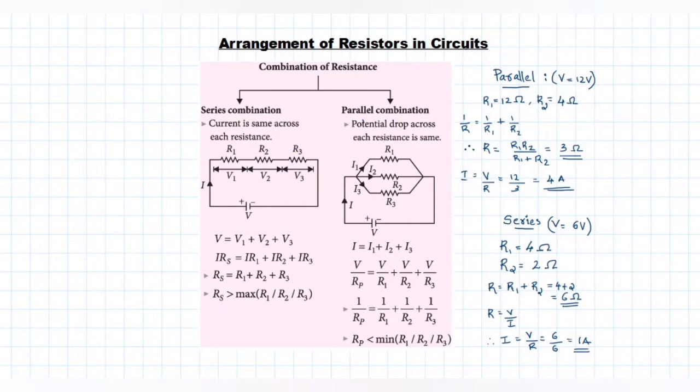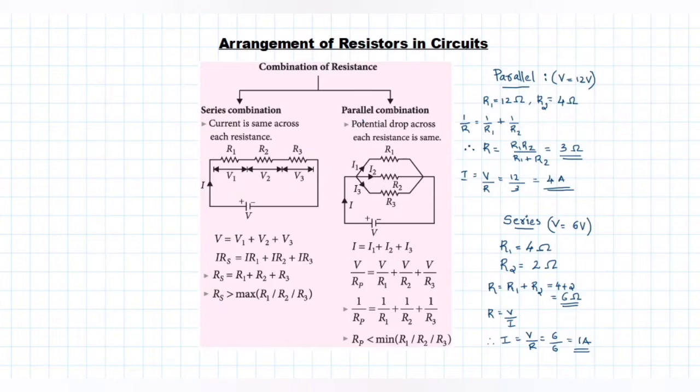So by Ohm's law we have V is equal to IR. So in series combination the voltage is varying across the respective resistors.